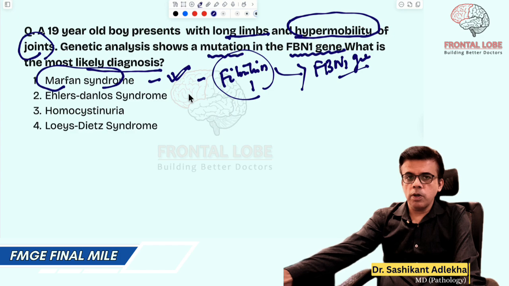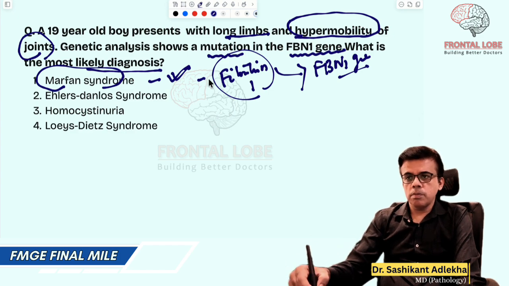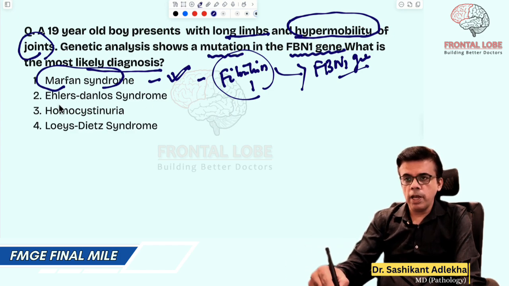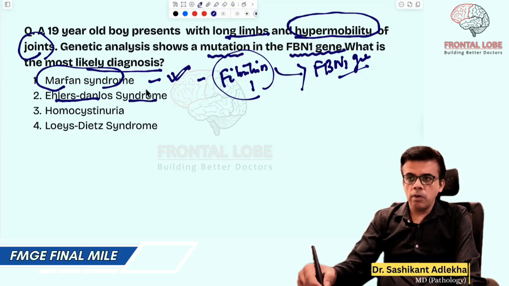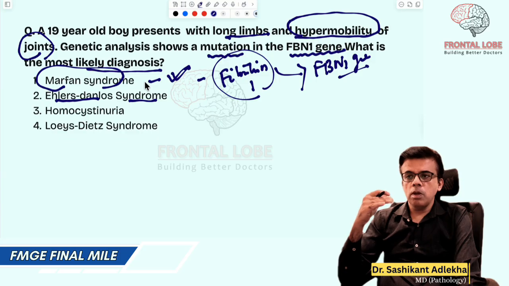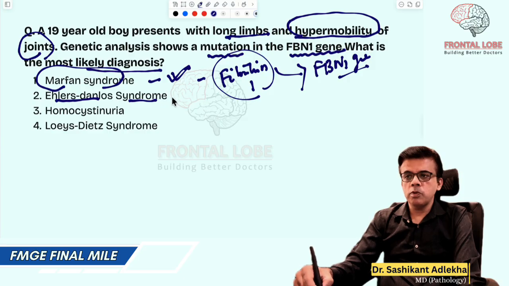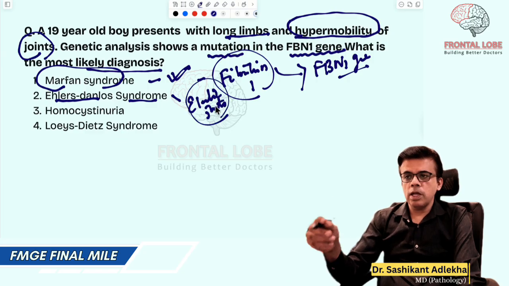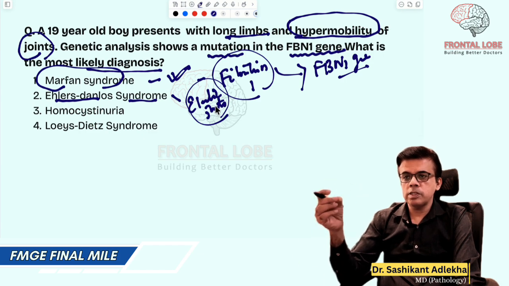And here an important thing to note is that it has to be differentiated from Ehlers-Danlos syndrome. Why? Because Ehlers-Danlos syndrome is also likely to have hypermobility, and most important is hyperstretchability, like more stretchable, super elastic joints. You can stretch it and then release it, it will come back.